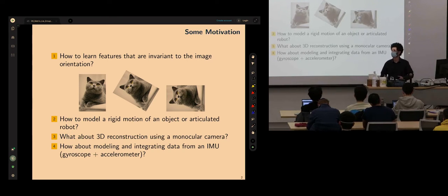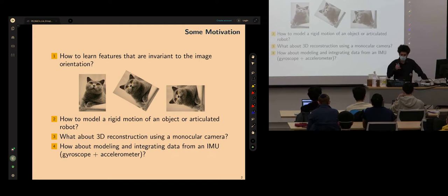And of course, you can't consider all of them because there are infinite possible orientations, just like the circle, right? So you cannot generate infinite examples by just creating different variations of the same data. That sounds very naive and inefficient, and it is.